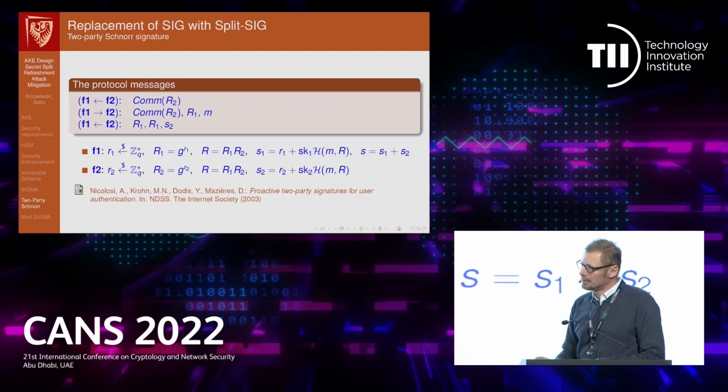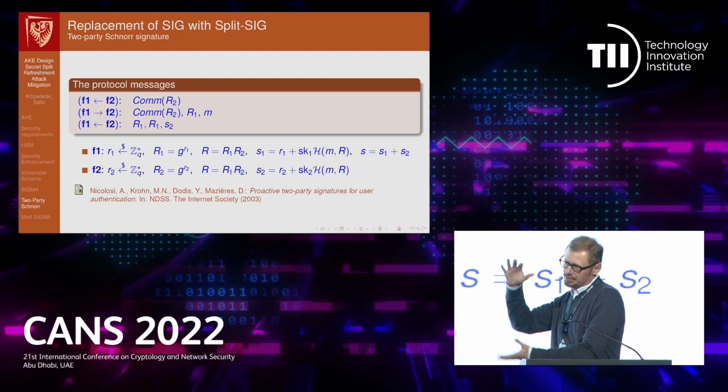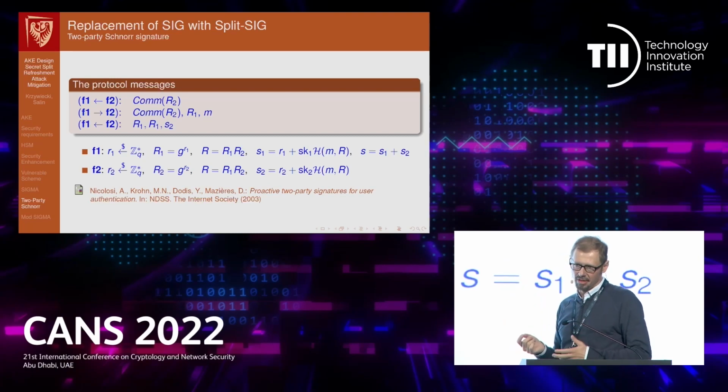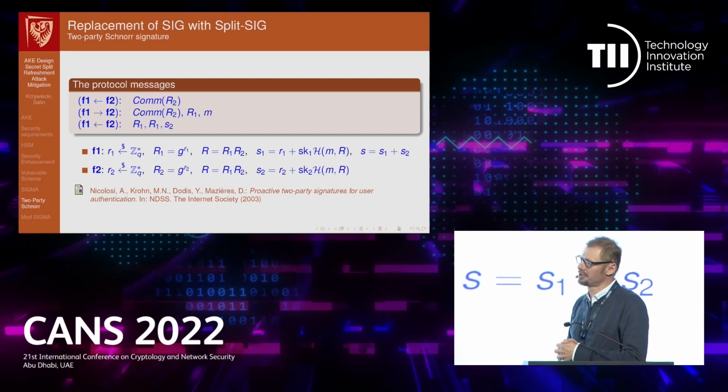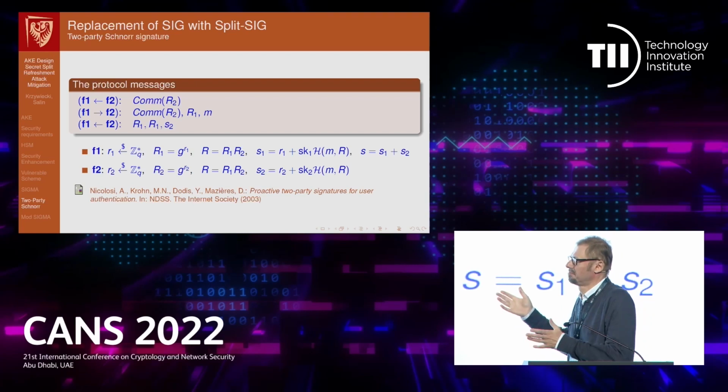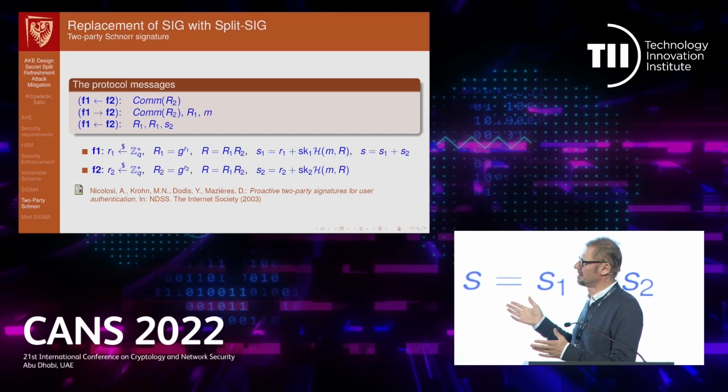Okay, and so having that basic construction, that fundamental part of a secure authenticated key exchange protocol, we can replace the regular signature with the split version. And actually, for the paper, we just chose the two-party Schnorr signature. But BLS multi-signature could be used for this.